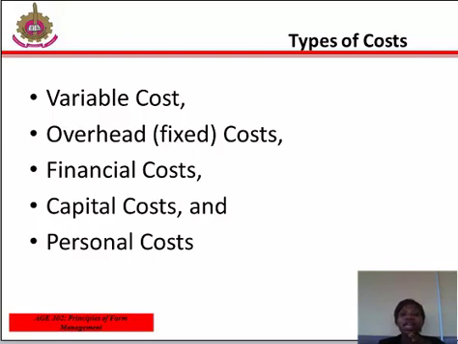Therefore, the minimum total living or personal cost of the farm family are normally included in the total overhead costs when budgeting for a family farm. These costs are one of the most important and unavoidable items in the total farm costs.